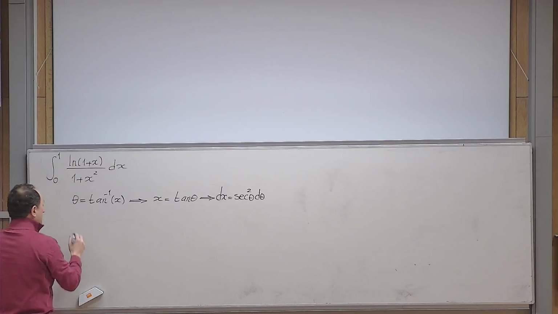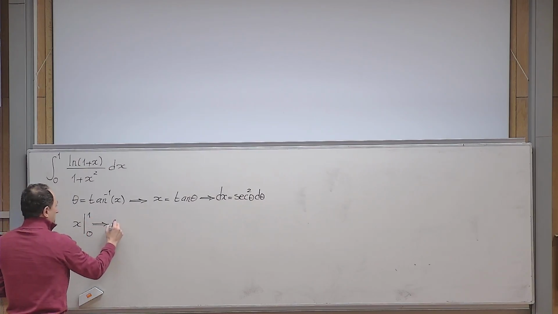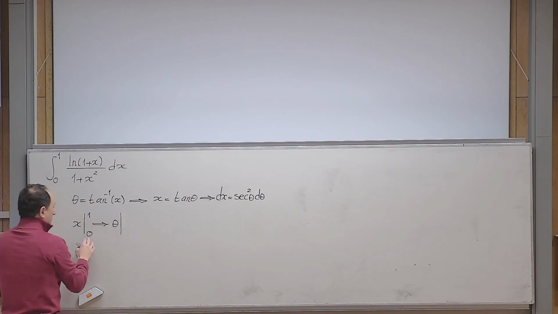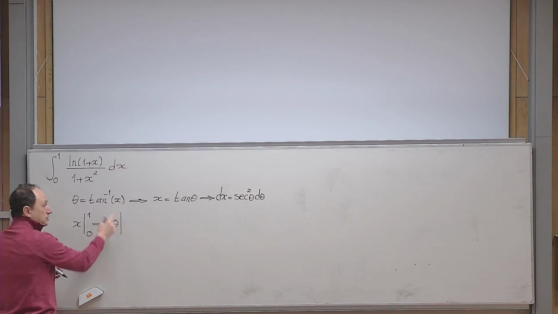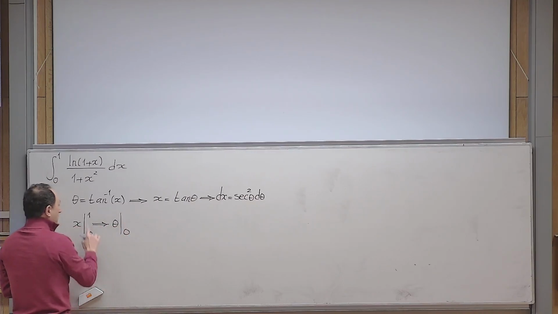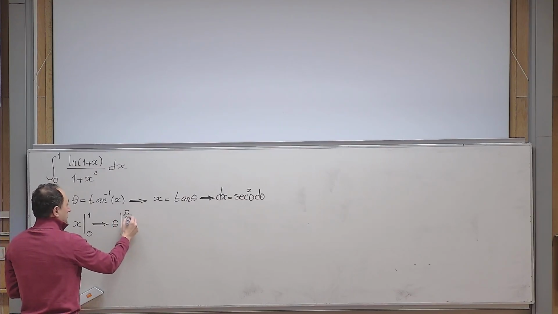So x, my old variable, goes from 0 to 1. Let us see what are the lower limit and upper limit for my new variable theta. If x is 0, tangent inverse of 0 becomes 0, and if x is 1, tangent inverse of 1 is pi over 4.